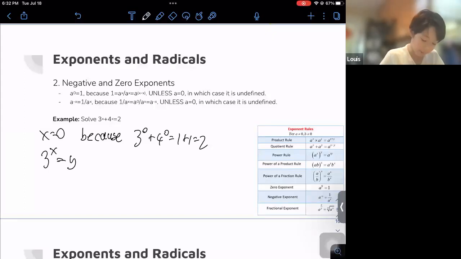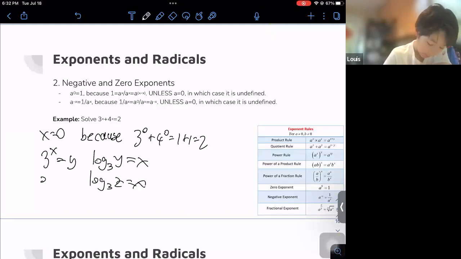Therefore, we have that log base 3 of y equals x. And we have that log base 4 of z equals x if 4 to the x equals z. Sorry, this is 4.